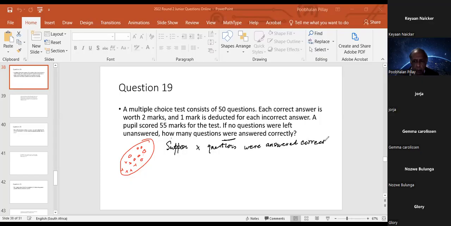And now we try to work towards an equation involving X so we can solve for it. That's the question. We were asked how many questions were answered correctly. If I know X, that is the answer.